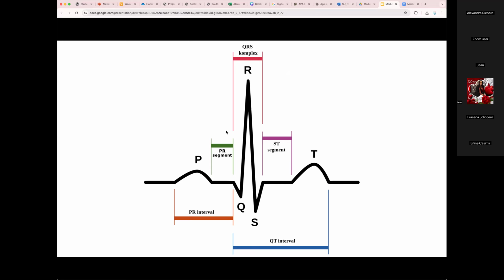It tells you how well the atria are communicating with the ventricles. So make sure you memorize normal PR interval 0.12 to 0.20. And also make sure you know that once we start having delays in certain patterns, this is what we call heart blocks.